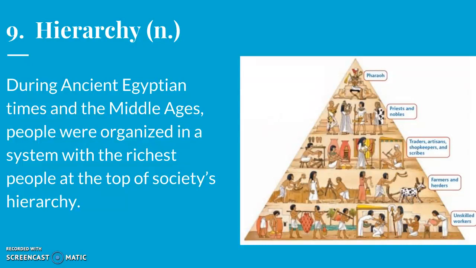This is really similar to how we have a pyramid for the Middle Ages, the caste system, to show the hierarchy of social classes. So you guys have that in your notes from the Middle Ages. And you can think of hierarchy there. The sentence to go with this picture is, during ancient Egyptian times and the Middle Ages, people were organized in a system with the richest people at the top of society's hierarchy.